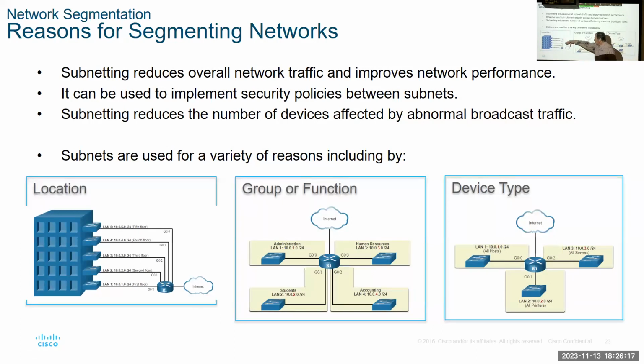Another reason for segmenting networks is to divide up your users by location. So every floor of a building, or depending on the size, each building gets a separate subnet. Dividing things up by function, like department, so each department gets their own subnet, and less commonly, or used in conjunction with one of these other two, might be device type.